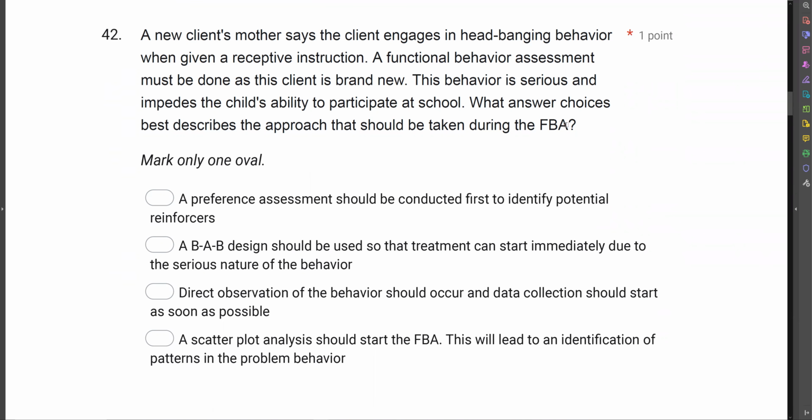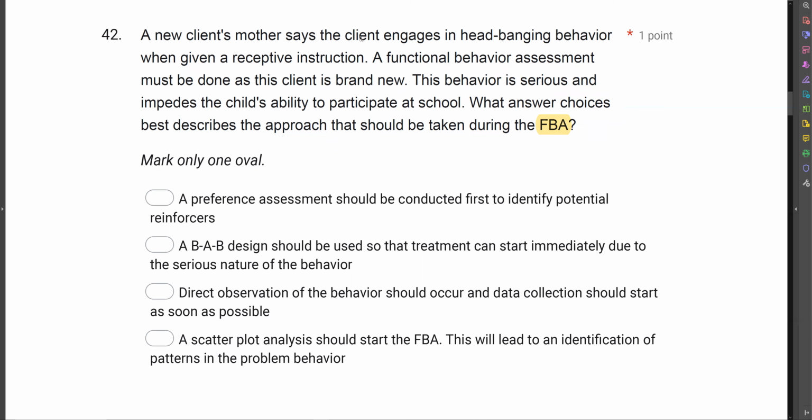Now, during a functional behavior assessment, what are we doing? Well, ideally, we're going to take some sort of interview, right? We're trying to get an idea of behaviors. Then, obviously, we're going to do some direct observation. Direct observation is ideal. And if we have time, we can do a functional analysis.